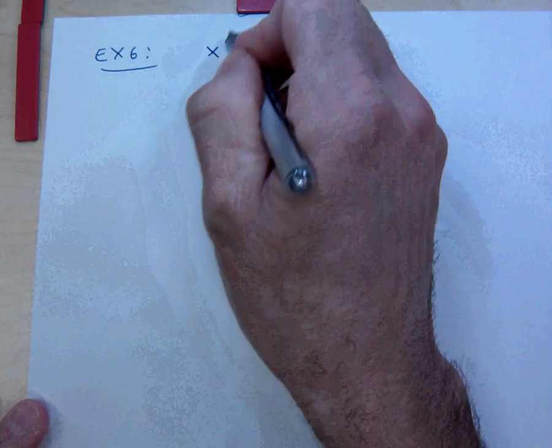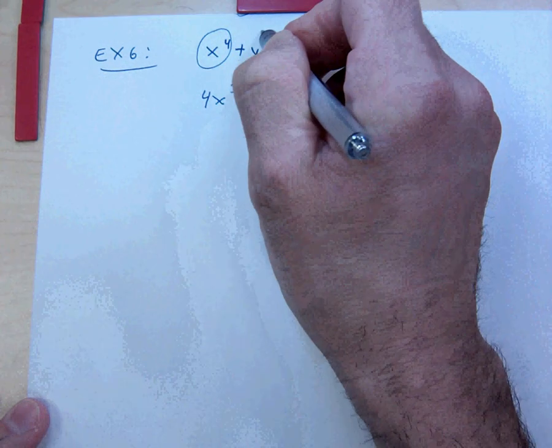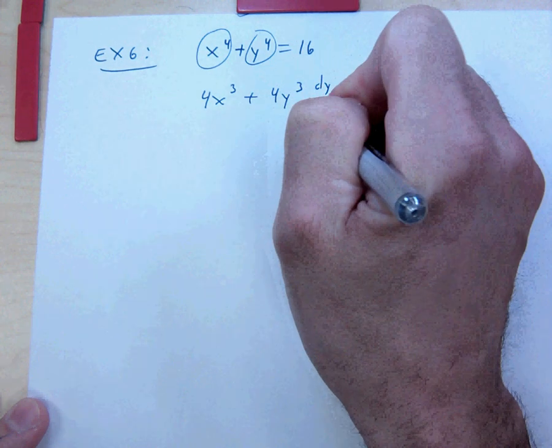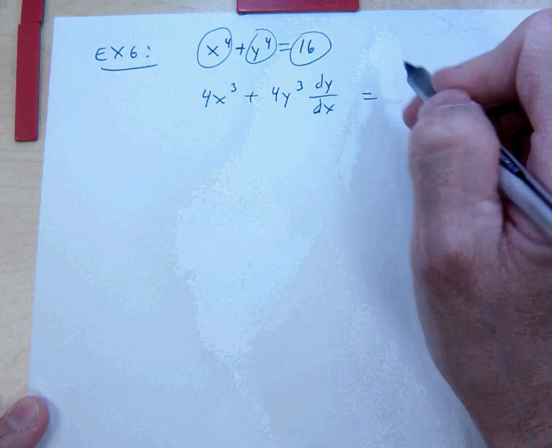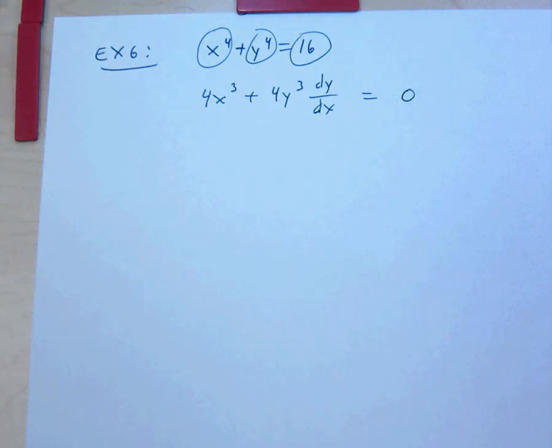So the derivative of that is 4x cubed plus the derivative of that is 4y cubed, but don't I need a dy dx there? Yes? Okay, and then equals, what's the derivative of that? 0. Now go ahead and solve for dy dx.